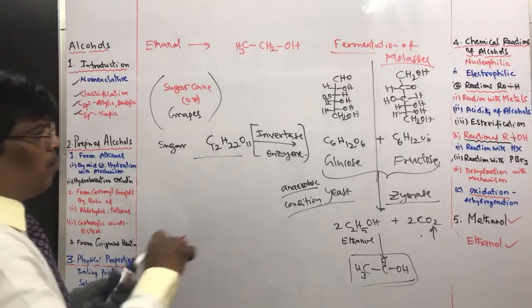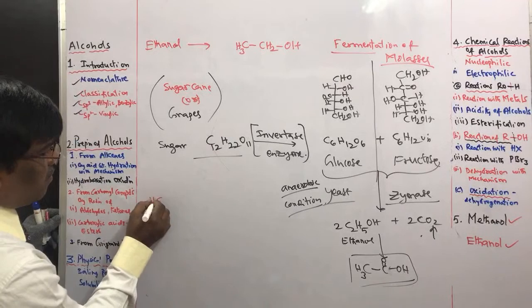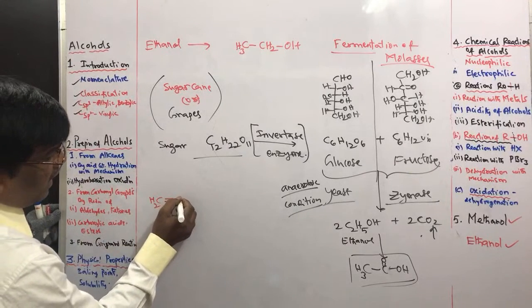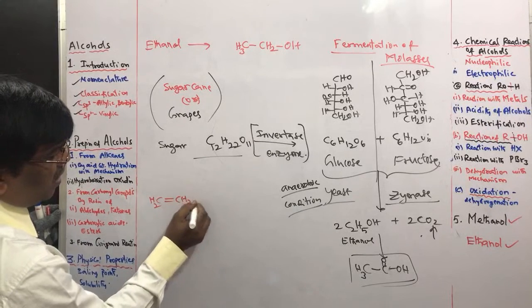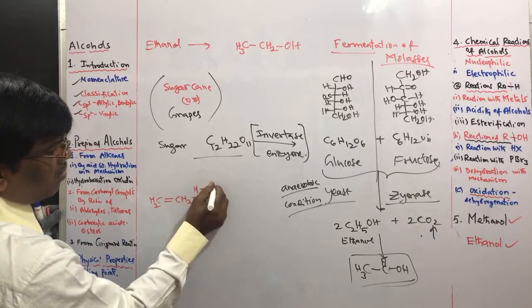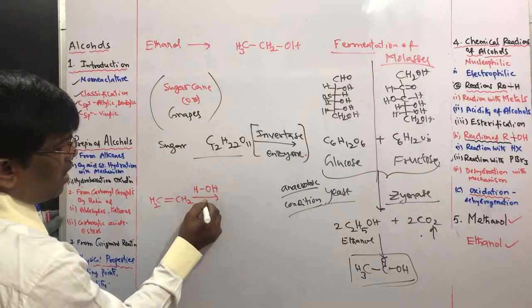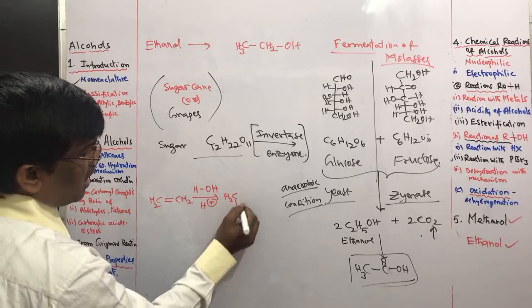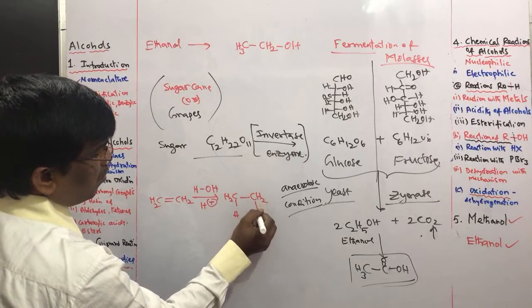However, nowadays most of the alcohol is prepared from the hydration of alkene, right? Just now we have learned hydrolysis of alkene in presence of H plus, it is going to give CH3CH2OH.